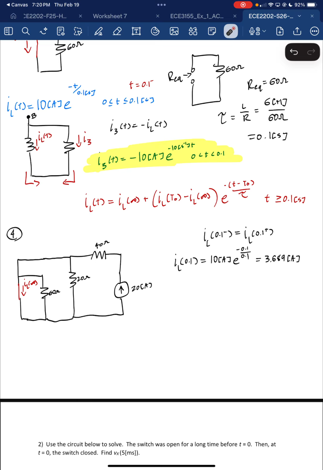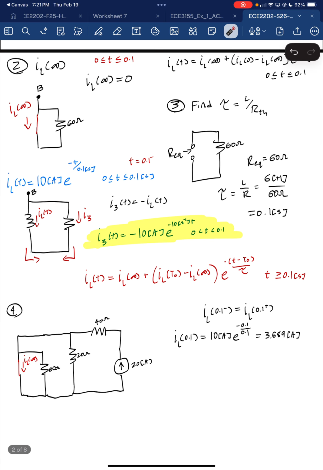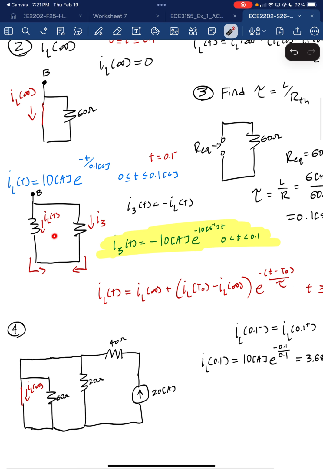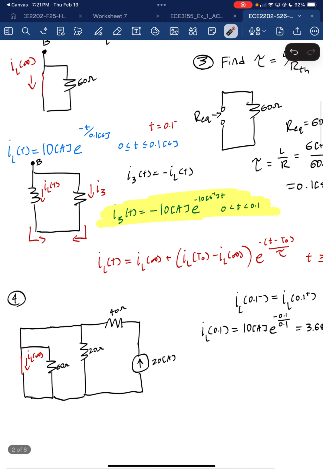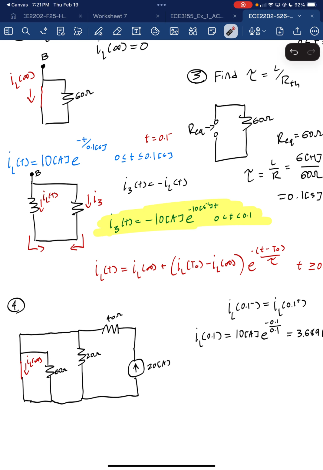Okay, we found our initial condition. Now, just one more time, to highlight the theory of what's going on here. This IL of 0.1 is the same current that's going through this inductor at t equals 0.1, and is also the same as the current going through this inductor at t equals 0.1. Even though they're completely different circuits, because the switch flips, the current is still the same.